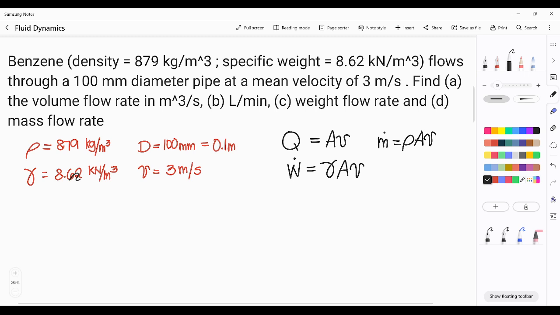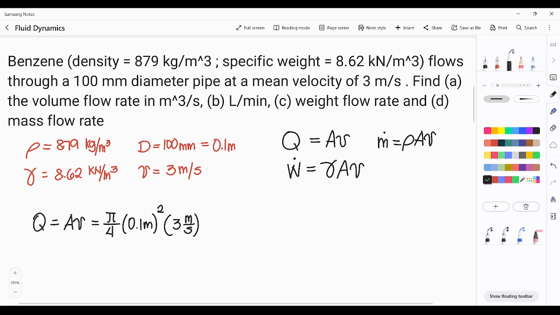For letter A, find the volume flow rate in cubic meters per second. It's basic, we just plug in everything. Q is equal to cross-sectional area times the mean velocity. This is a pipe, so the cross-sectional area is a circle. So the area is pi over 4 times the diameter, 0.1 meter, squared, multiplied by the mean velocity of 3 meters per second.